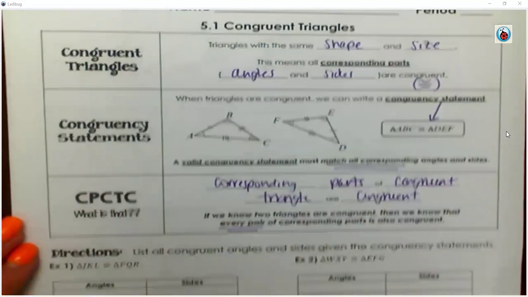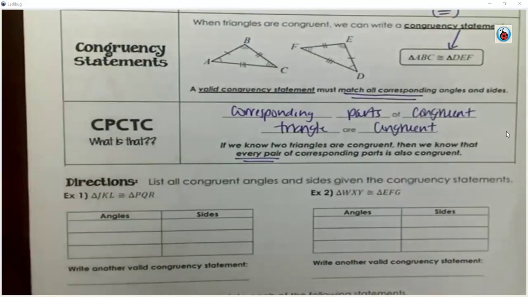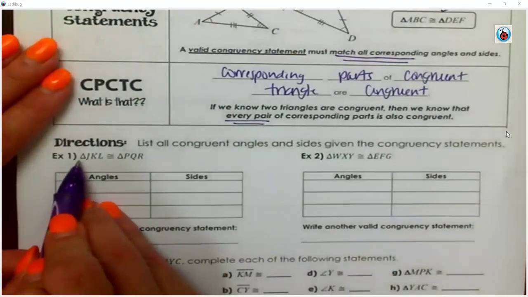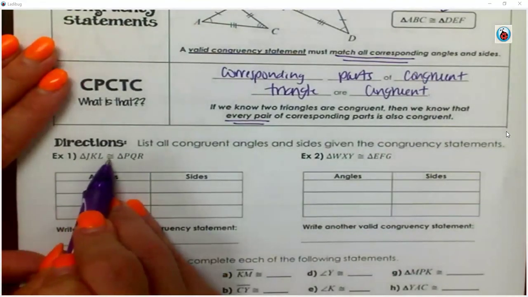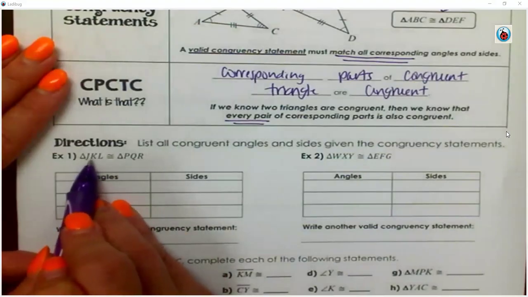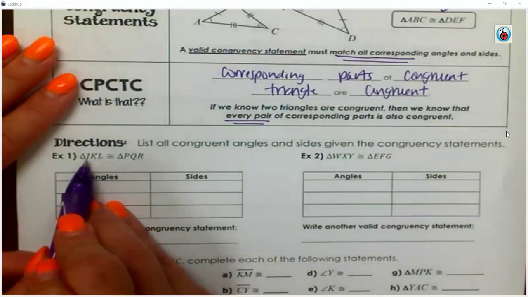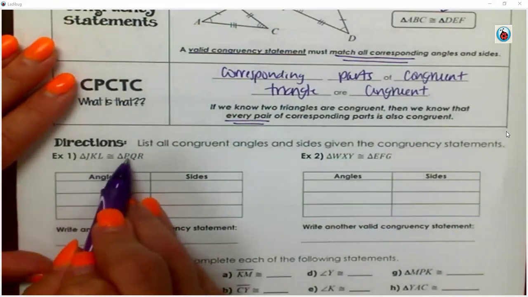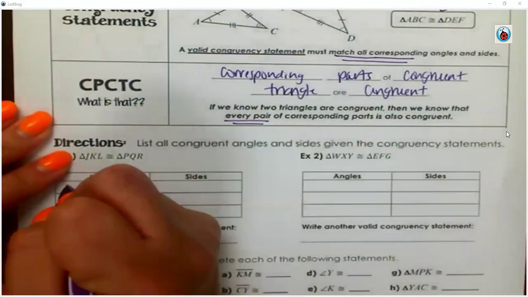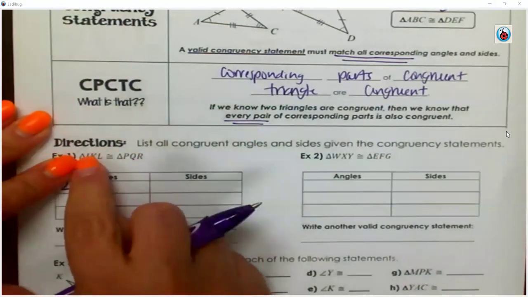So let's go straight into this. It says list all congruent angles and sides given the congruency statements. So here we have triangle JKL is congruent to triangle PQR. Now, the order that these letters were written is very important because they correspond to what the second triangle says. If I'm referring to angles, angle J is the first angle in this triangle.